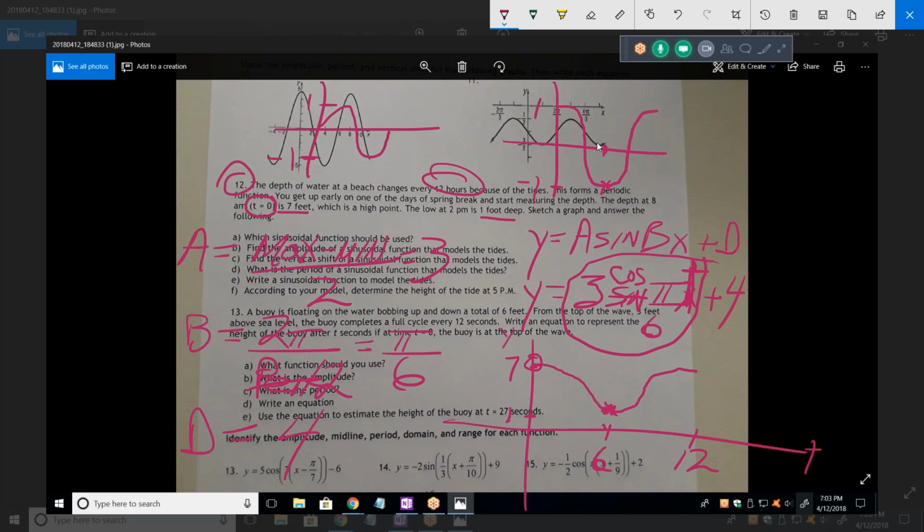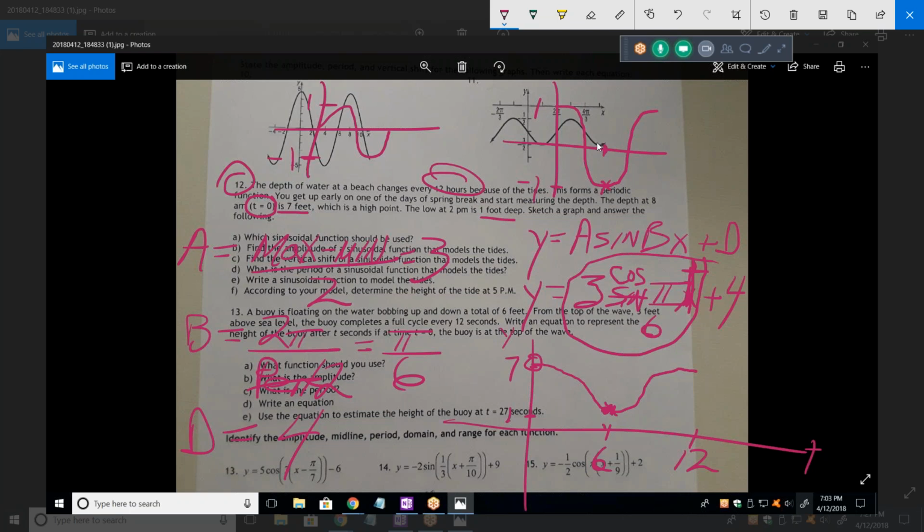So again, it wasn't just a question of figuring out A, B, and D. It was also a question of whether I should use sine or cosine or positive sine or negative sine or negative cosine. And you really have all 4 choices. The general standard is that you use whichever function requires the least phase shift.